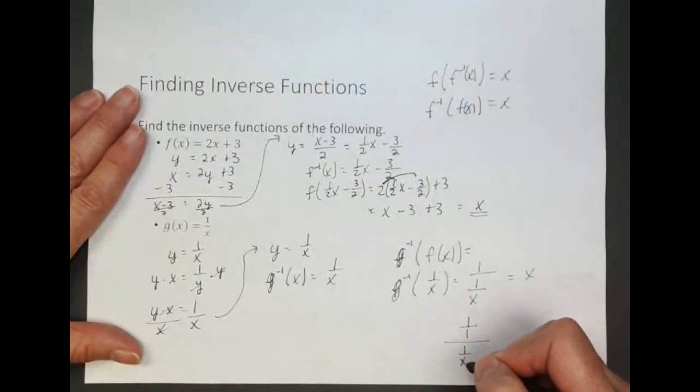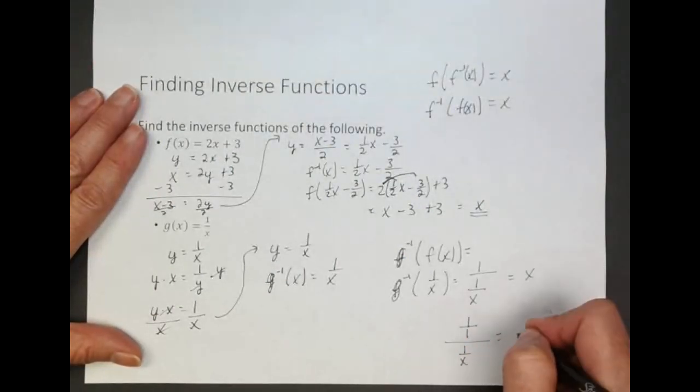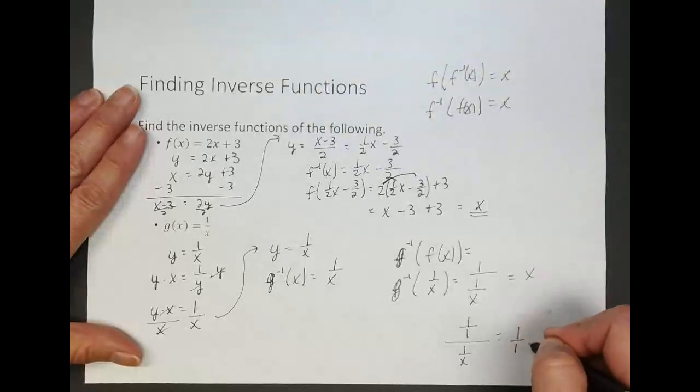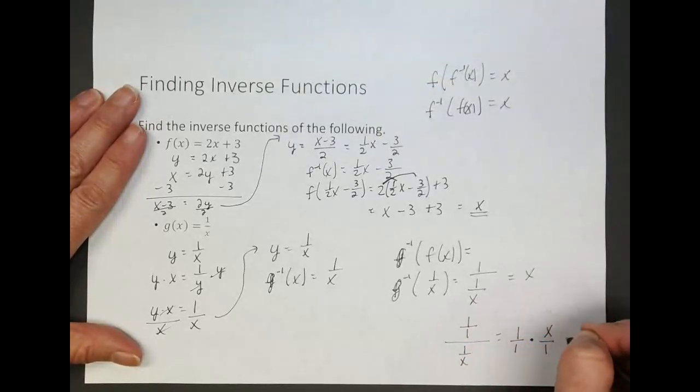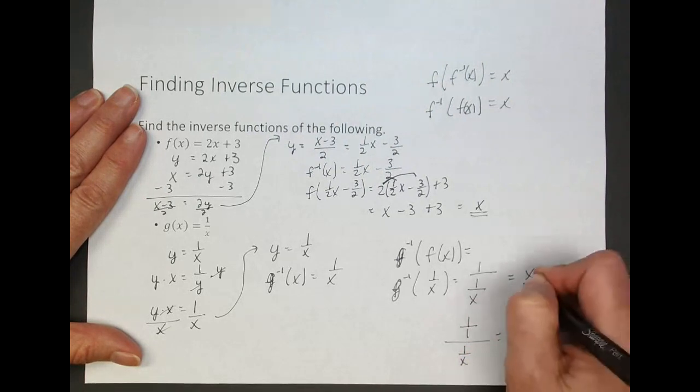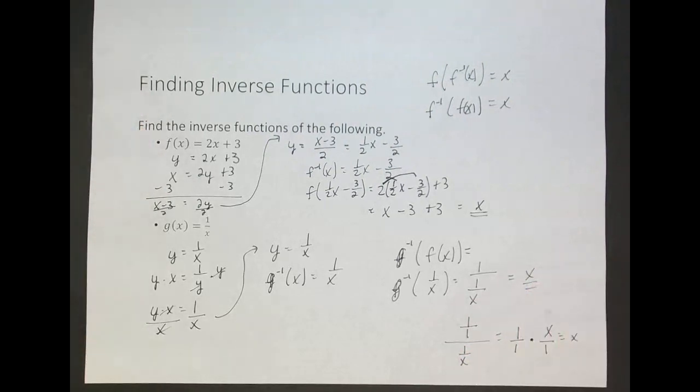That's really just a fraction divided by a fraction. So what do we do with that? We keep the top fraction, change the sign to multiplication, and flip the lower fraction. 1 times x over 1 times 1, of course, is just x. All right, that's it. So there are inverse functions. And that's the lecture for inverse functions.